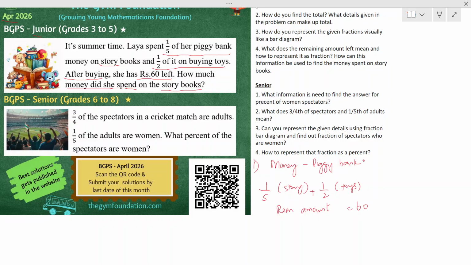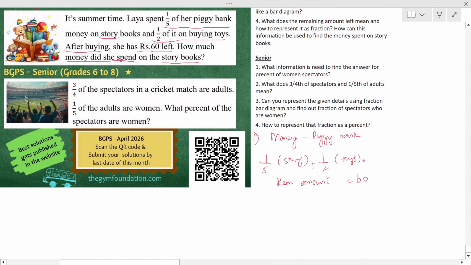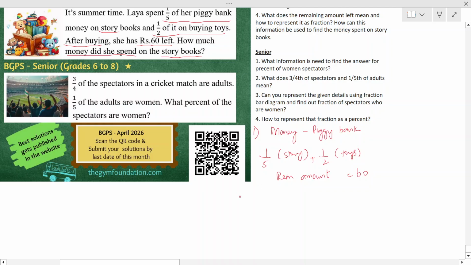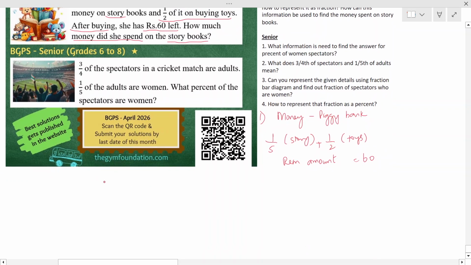This involves a fraction, but this approach is applicable for all kinds of problems. So how can you visually represent this total money and then figure out how these can be applied? This can be solved visually and also from a fraction perspective. Let's go to the visual solution. How do you represent the total money?